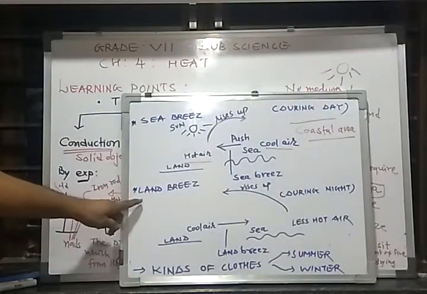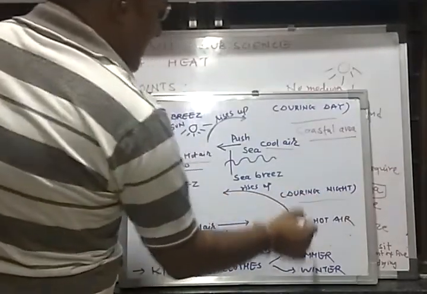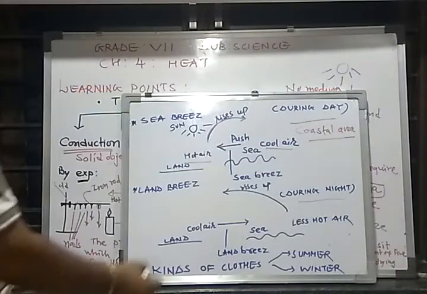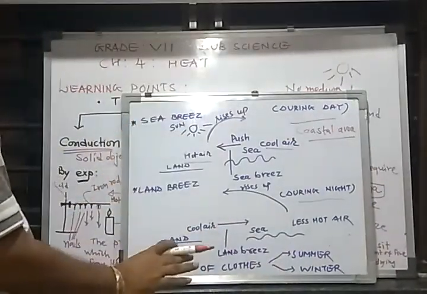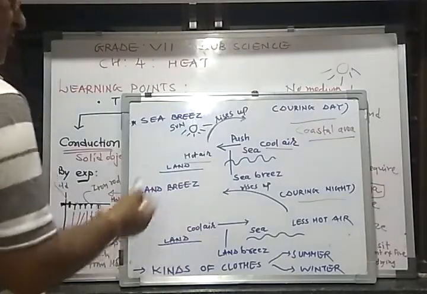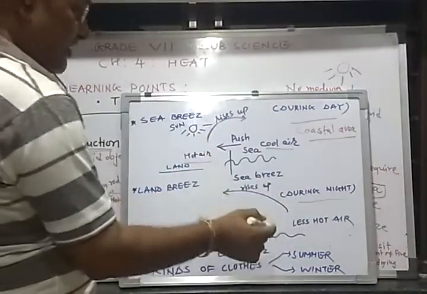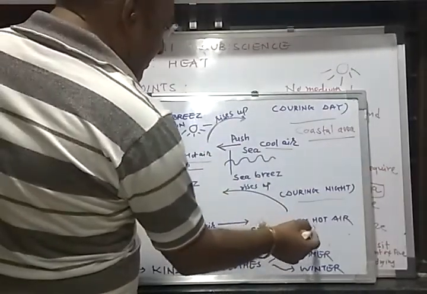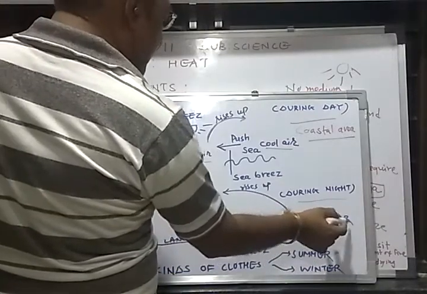Let me talk about the land breeze. This happens during night time. Land is there, sea is there. During night time, land becomes cool. During the whole day, the heat is there. So here, not too much hot water is there, but less hot water is there.